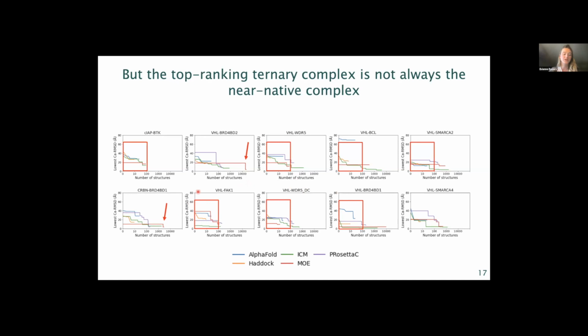For example, for Mo, it even sometimes can be found in the 10,000s rather than the top 100. Similar for ICM, most of the time we can find something very similar, sometimes not. Where ProTAC, most of the time, not at all.